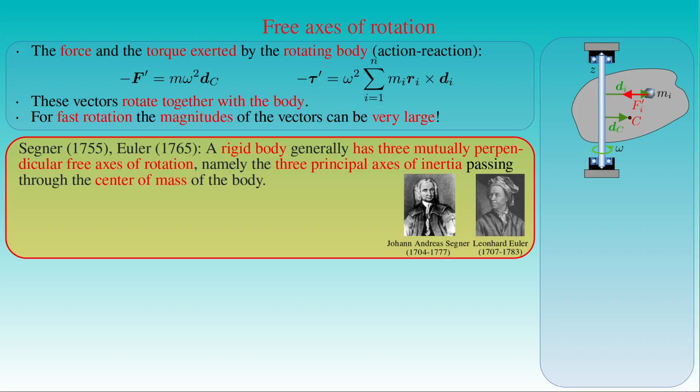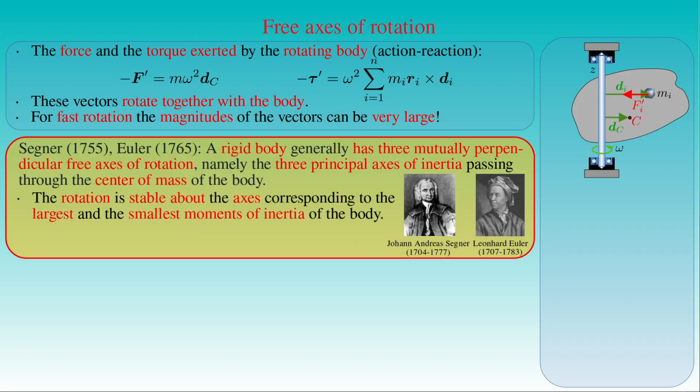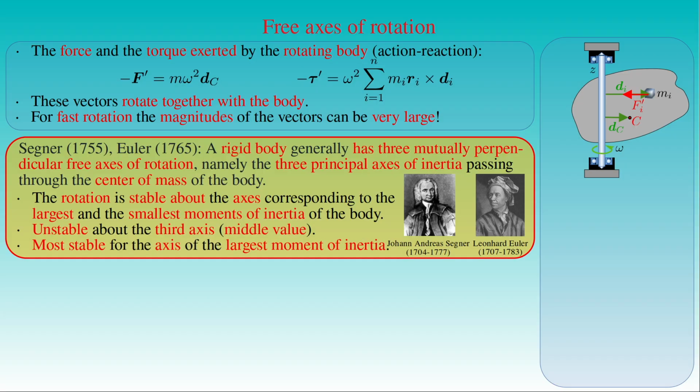With regard to the instability of the free axes, we have found that the rotation is stable about the axes corresponding to the largest and the smallest moment of inertia of the body, whereas the rotation is unstable about the third principal axis, for which the moment of inertia has the middle value. The most stable axis for free rotation is the one with the largest moment of inertia.